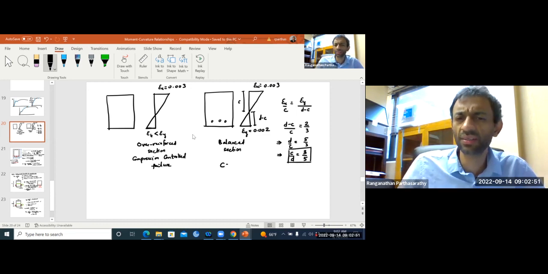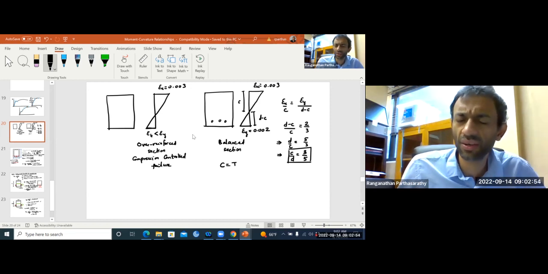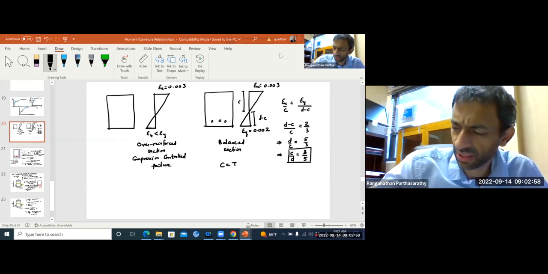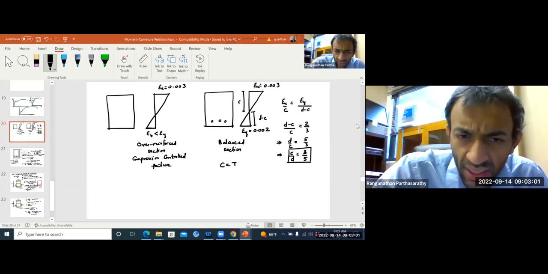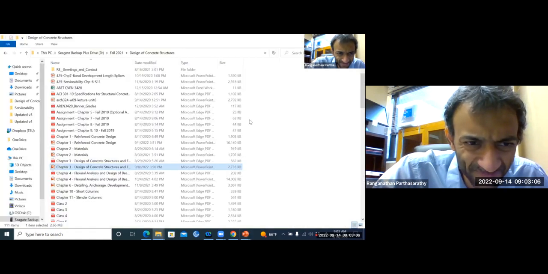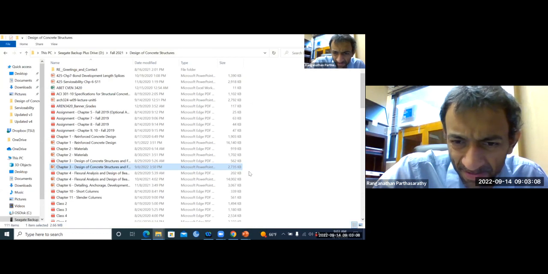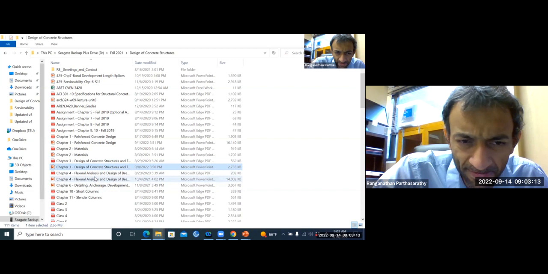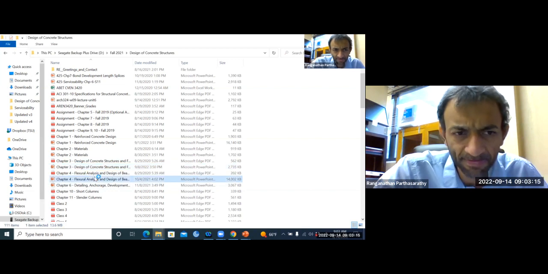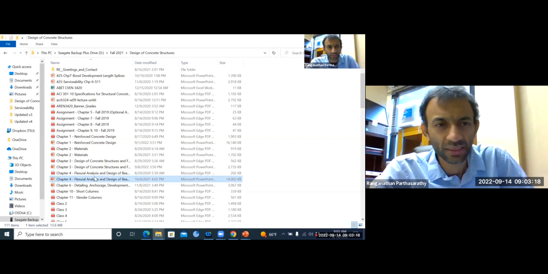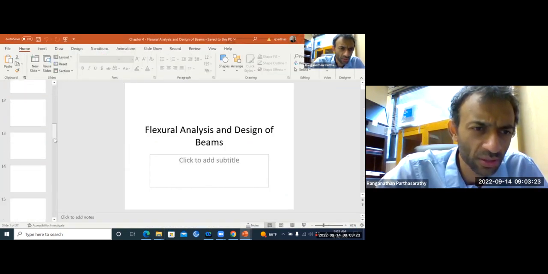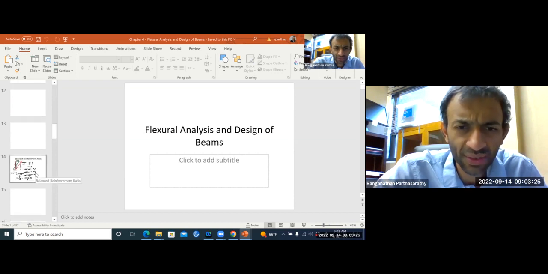So if you write C equal to T. Now, all of you remember the Whitney compression block? Maybe not. I should have all this in the slides. Just a second. Okay, I have everything here.